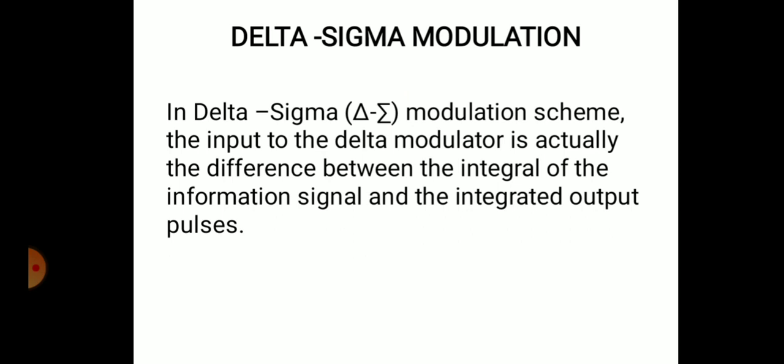By increasing this, it in turn reduces the variations of error signals in the input of the quantizer. The input signal, which is a continuous time analog signal, is first passed through an integrator before it is applied to the delta modulator. And the delta sigma modulator is a simple low pass filter. We can say it's a simple low pass filter.